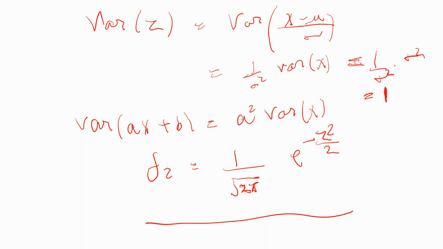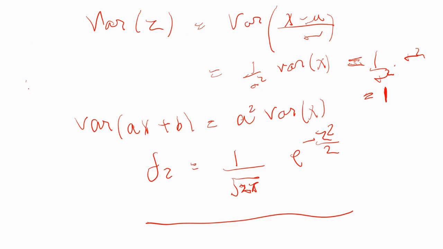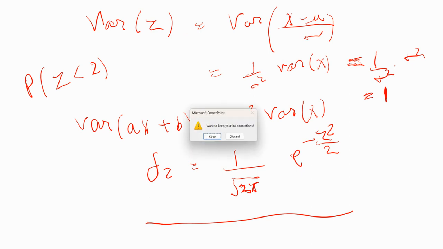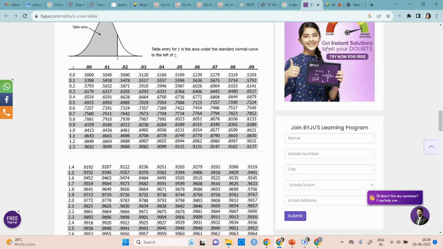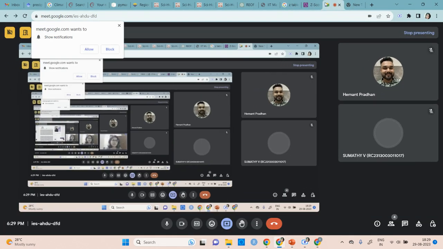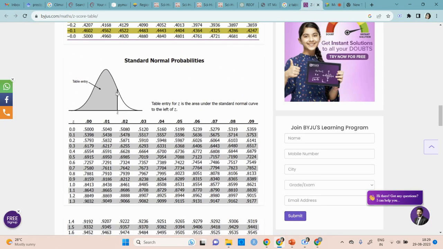Now, what is the use of it? What we do is that we have a z table. So if we want to find a probability like z less than 2, we just go to this table, and this is called the z table.